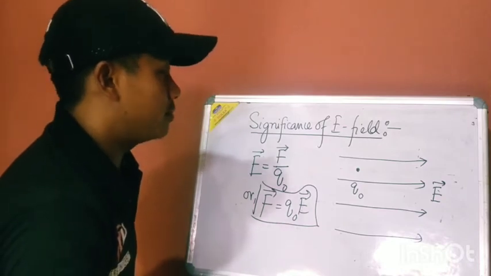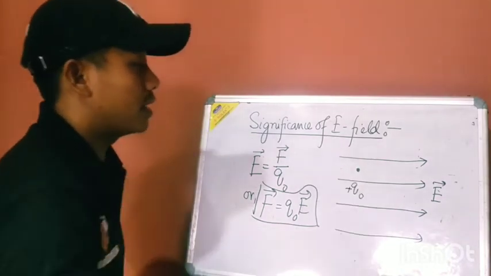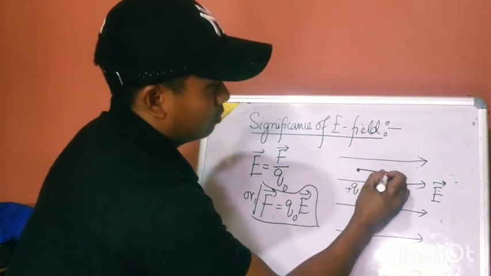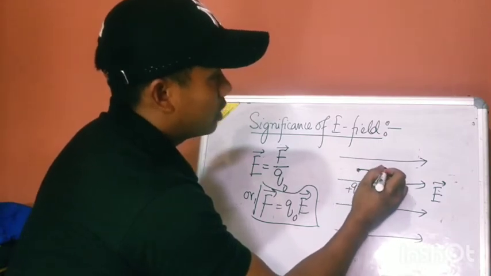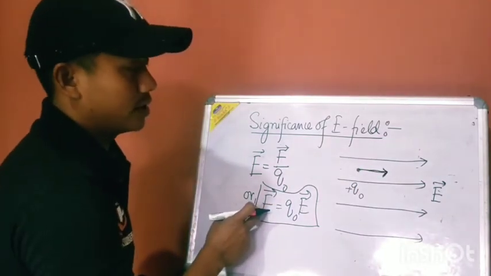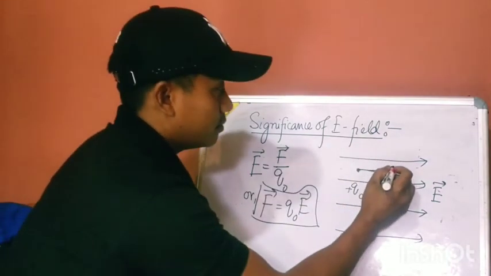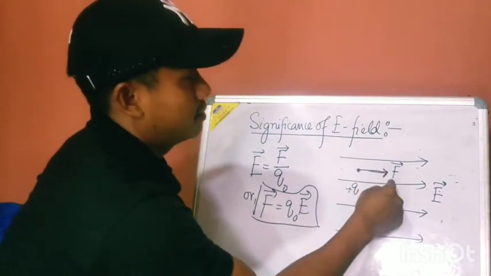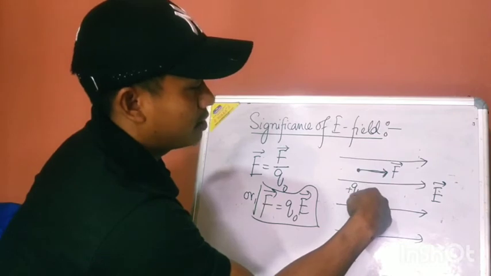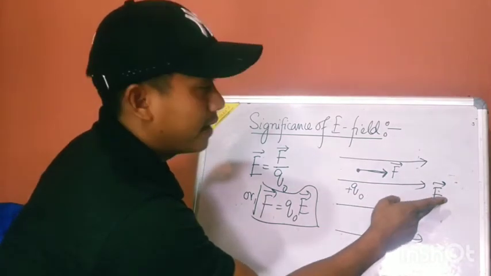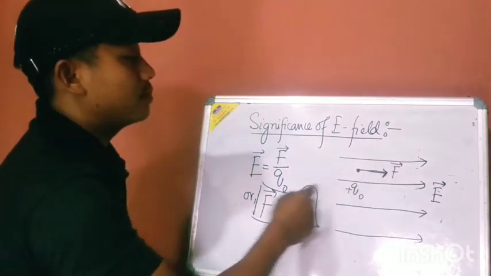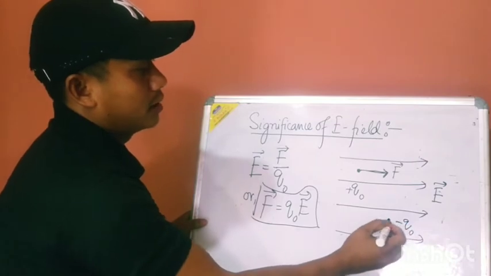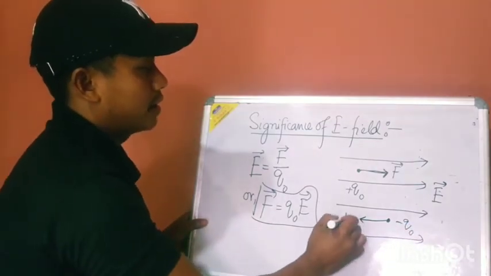If it is a positive test charge, it will move in this direction due to the electrostatic force. This F vector will be in the same direction as the E vector if it is a positive test charge. But if it is a negative charge, minus Q naught, then the F vector is in the opposite direction.